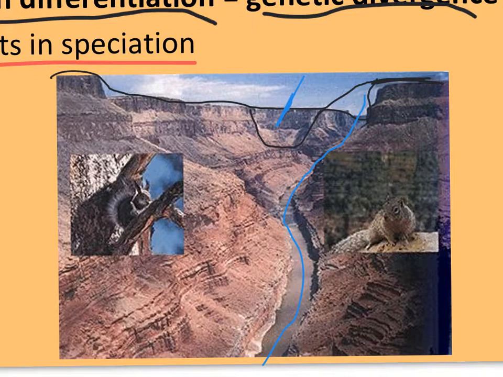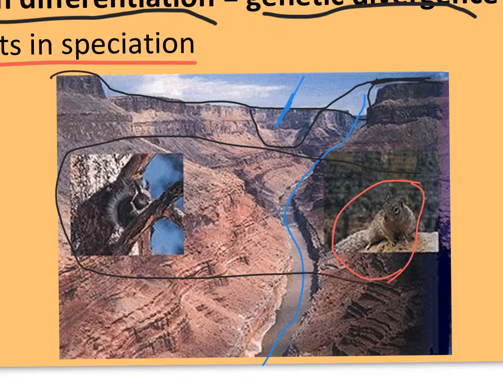Okay. It got deeper and deeper. The animals on one side of the ridge, and these were all one species actually. These were a species of ground squirrel, but they were all the same species on both sides of the mesa, because there was only one mesa.